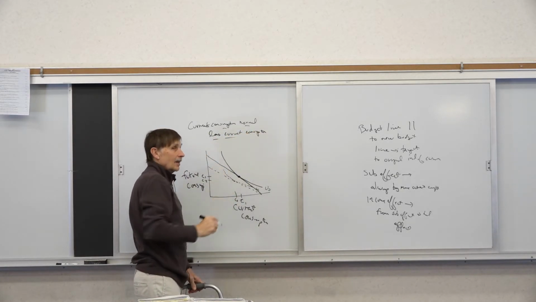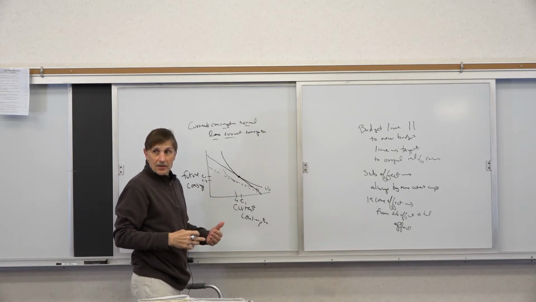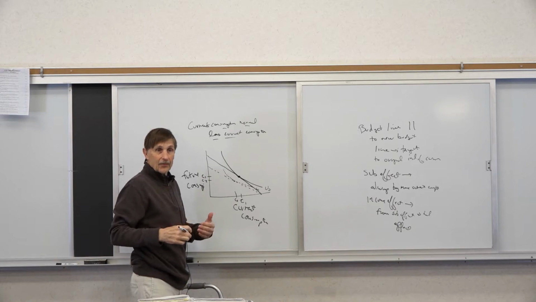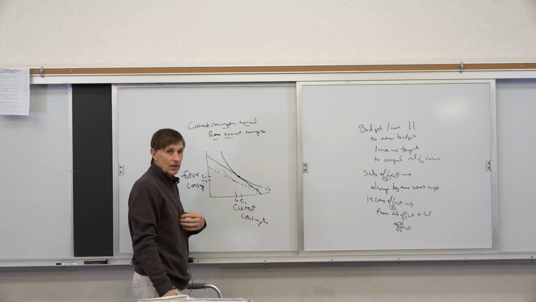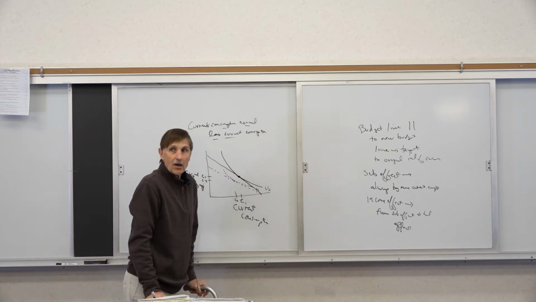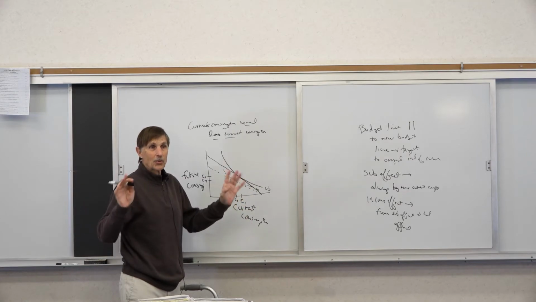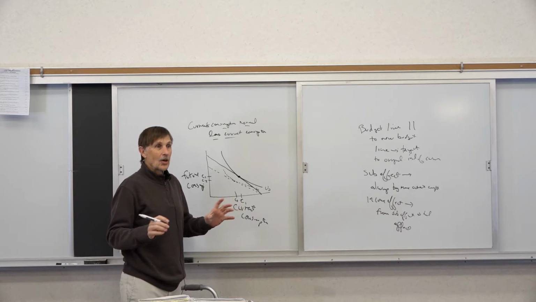So they're going to be moving in opposite directions. It would be very hard to think of why all of your consumption as a group would be an inferior good, right? It's got to be a normal good. So current consumption's got to be a normal good.